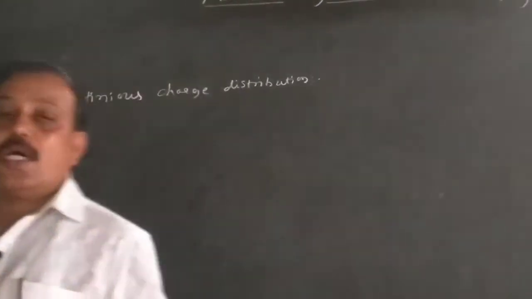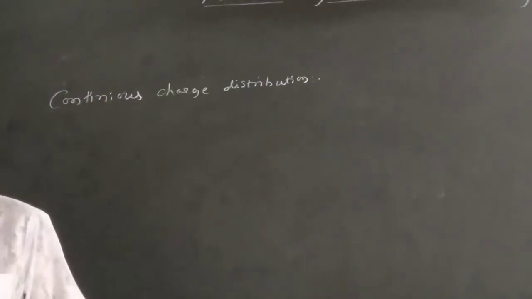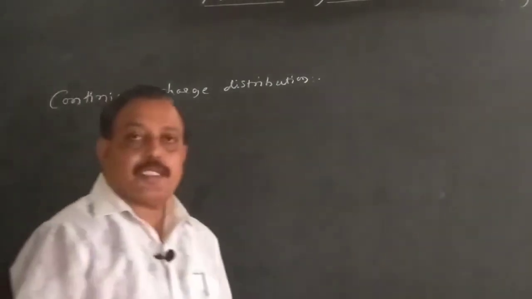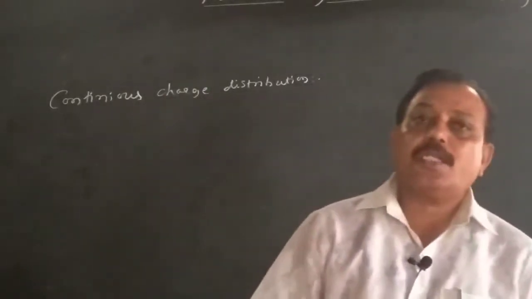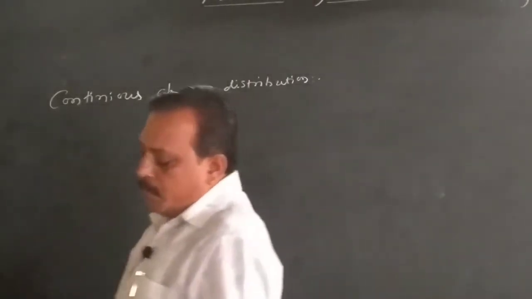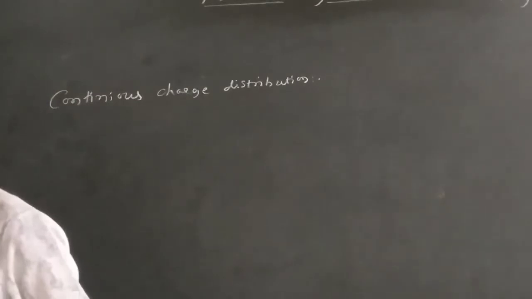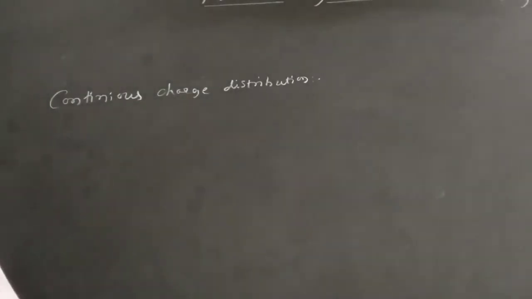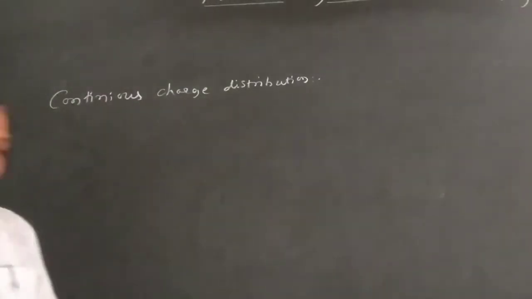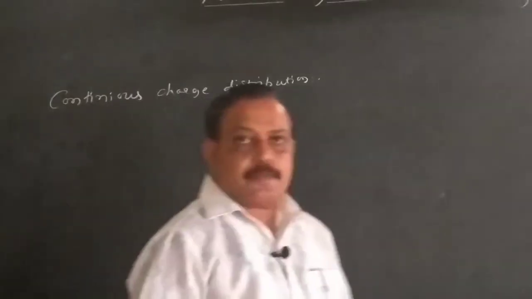That depends on how the charges are distributed, whether they are distributed along the straight line of the conductor, on the surface of the conductor, or in the entire volume of the conductor. Hence, we have three types of charge densities for the distribution of charges.